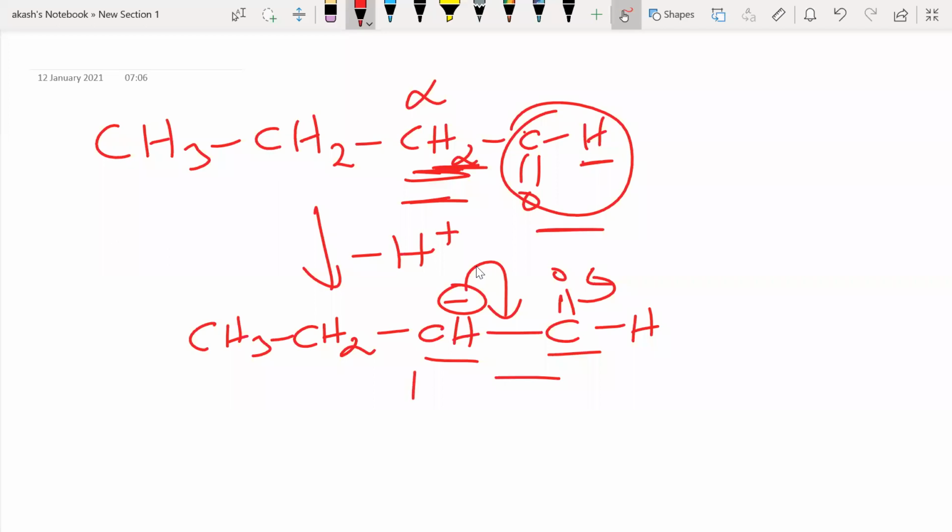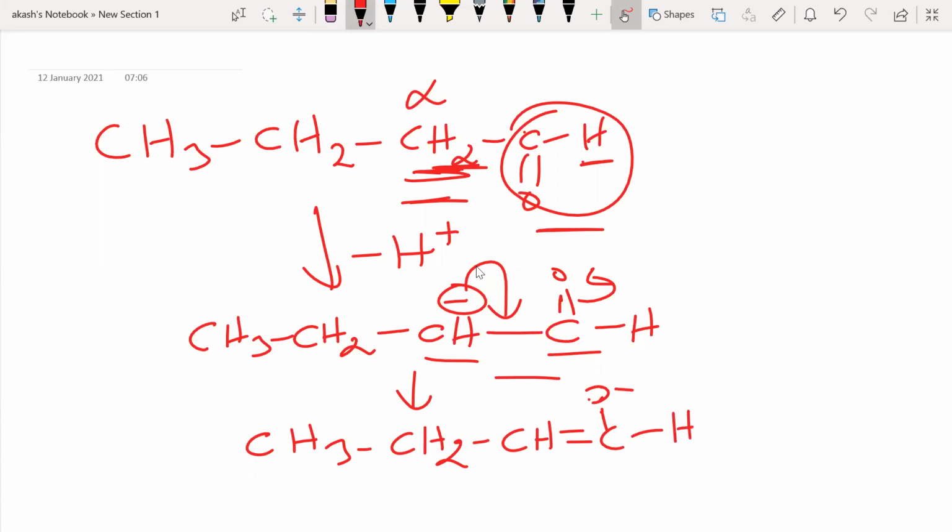The next structure will be CH3, CH2, CH double bond CH, double bond C, O minus, H. Now you removed H plus here, just add the H plus here.